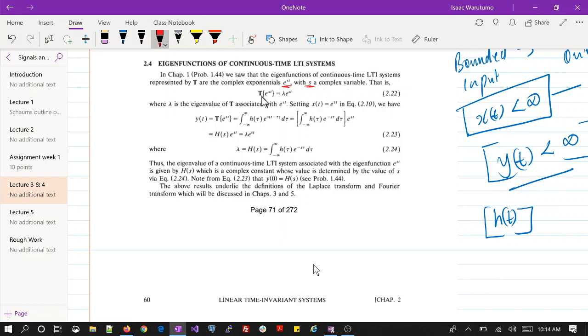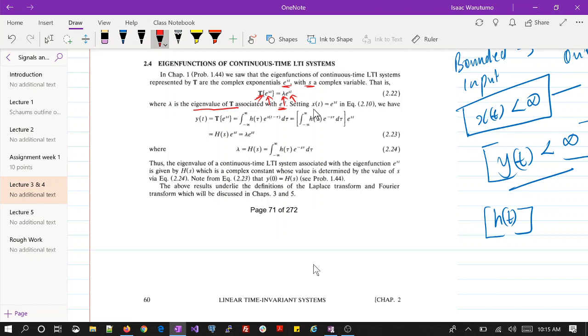That is, if your system is T and you have input e^(st), then it will give you an eigenvalue lambda and still give you the same function e^(st), where lambda is the eigenvalue of T, associated with the eigenfunction e^(st).